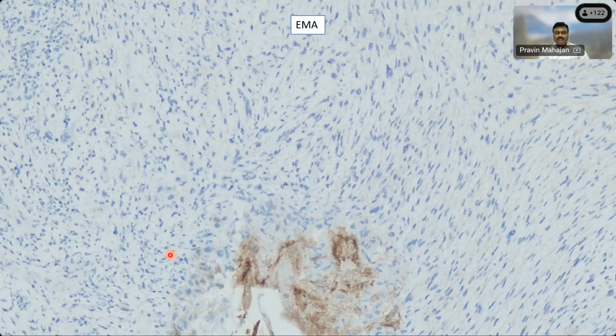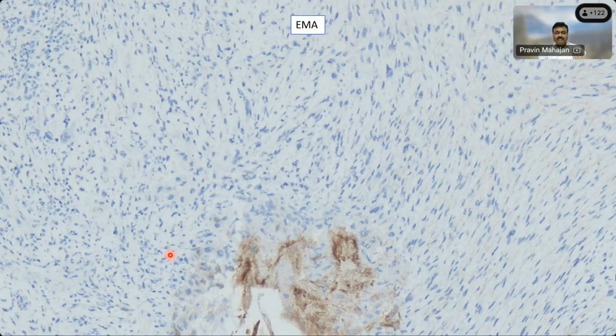There are some tumors which are only CK positive but EMA negative. For example, germ cell tumors like yolk sac tumor and embryonal carcinoma. They will be CK positive but EMA negative. So in a site where you have a differential of germ cell tumor also, if you get CK positivity and EMA negativity, you are most likely dealing with a germ cell tumor.